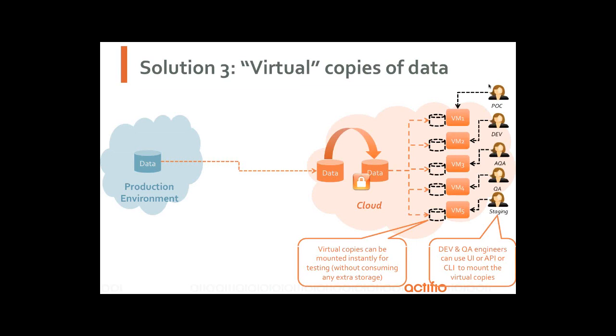So we have the technology to make a virtual copy, giving the illusion that every POC team, dev team, QA team and staging team has their own copy of the 3 terabyte database, but actually those are just rewritable virtual volumes that have been provisioned for their virtual machine. That's how we solved the problem of reducing the storage consumption in the cloud and also almost eliminated the time to create 15 terabytes of copy storage.